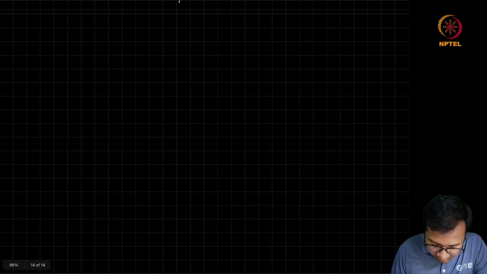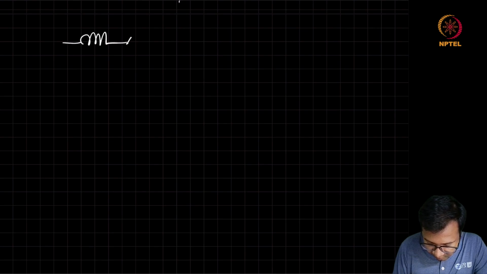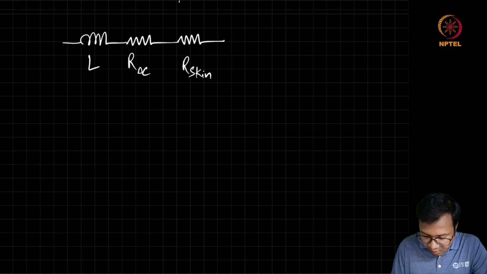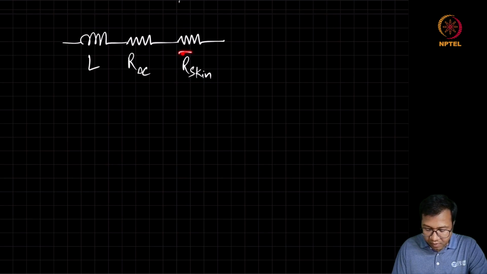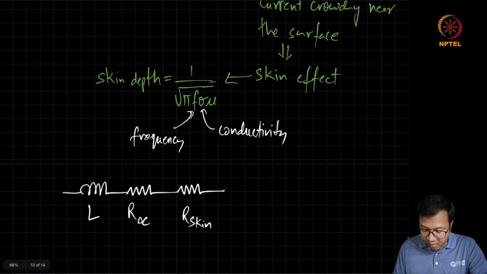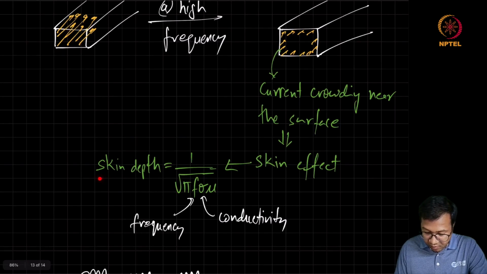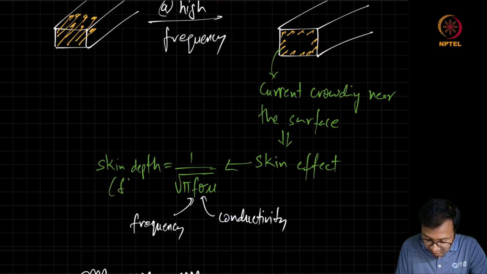So this can be modeled by adding an extra resistance in series with the inductor. So this is your L, this is R DC, and this is an extra resistance R skin added in series, and we will find that this resistance will increase with frequency, and you can assume that the entire current is only concentrated near the surface in a thin layer of skin depth, let's call it delta.